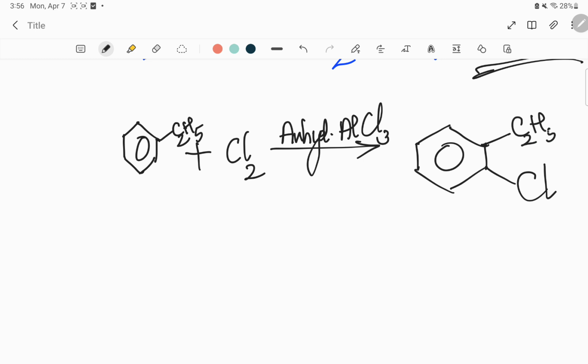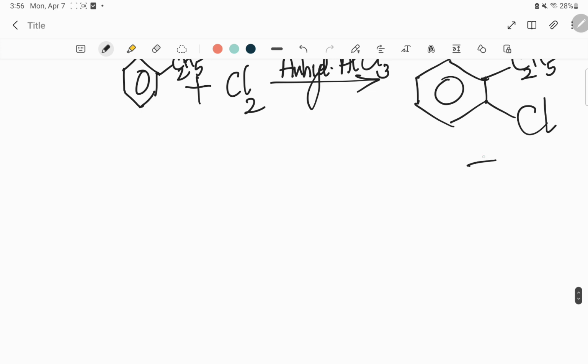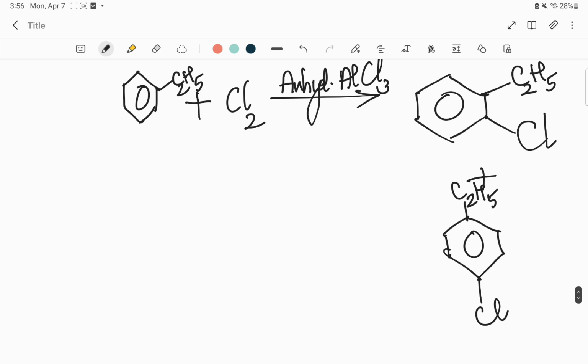So you will get orthochloroethylbenzene, and also you can see parachloroethylbenzene. So you will get ortho and para substituted product if you are using a Lewis acid, because when the reaction takes place with Lewis acid, it is electrophilic substitution.